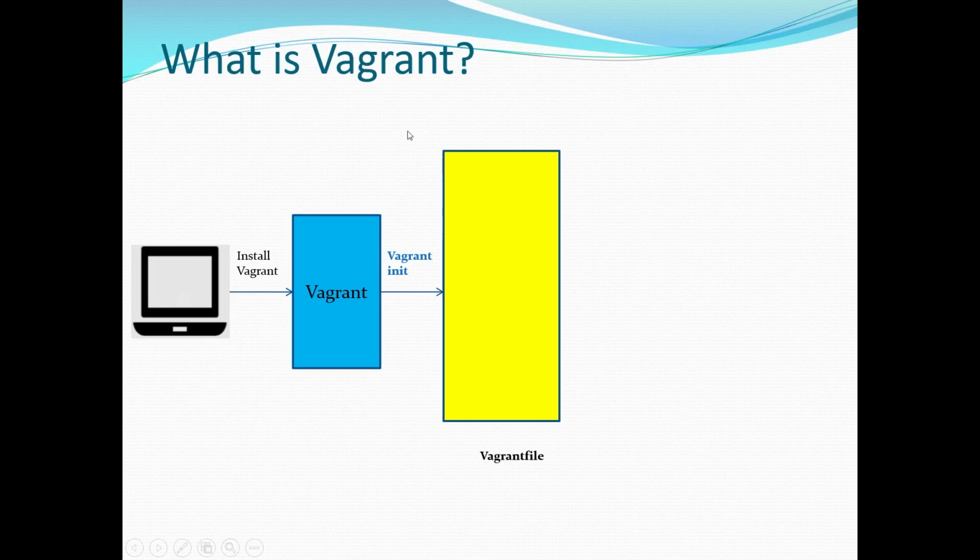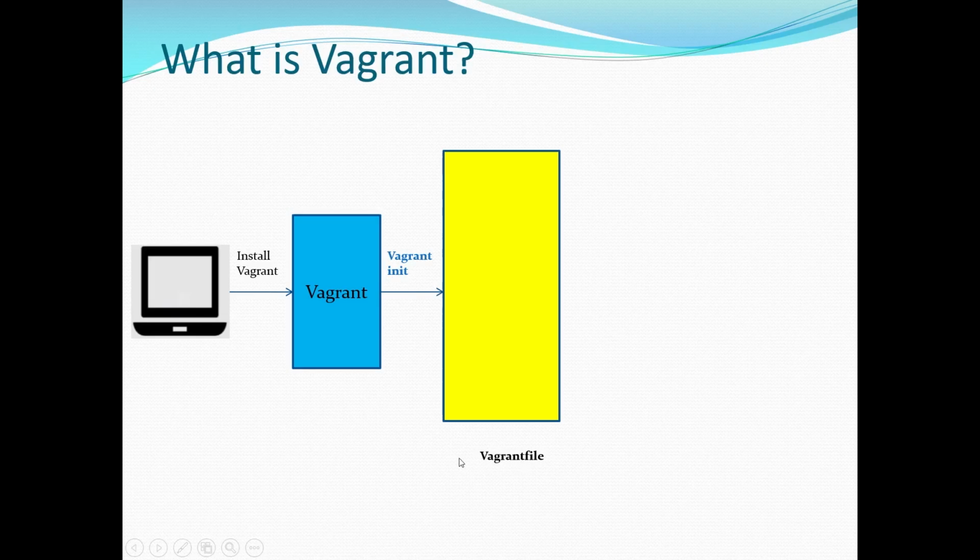Fine. So let's try to understand what Vagrant is. On our system, we install Vagrant, and then we have a file called Vagrantfile. We write a command called vagrant init, and we get a Vagrantfile.